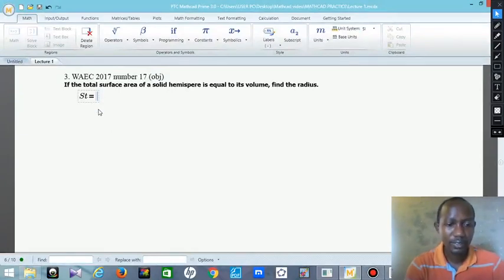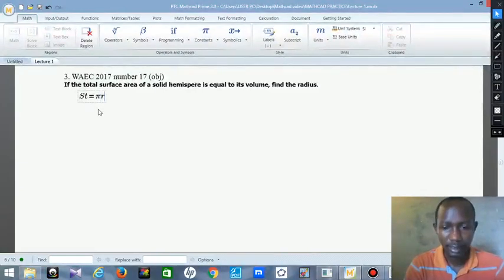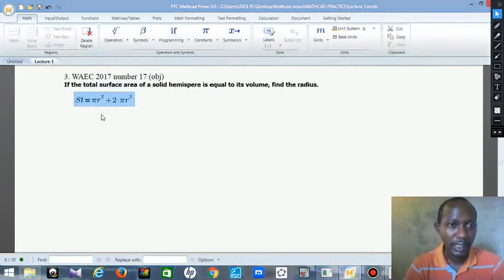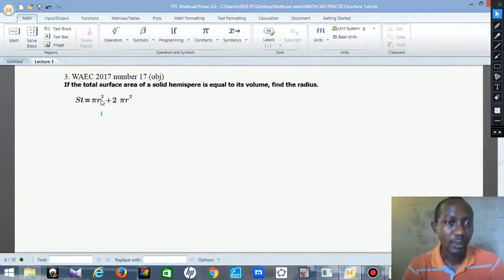So the circular surface is the normal area of a circle, which is pi r square, then you add it to the curved surface, which is 2 pi r square. So this is the total surface area of a hemisphere: pi r square, area of a circle, plus 2 pi r square, area of the curved surface.